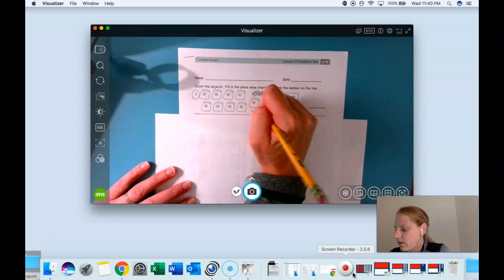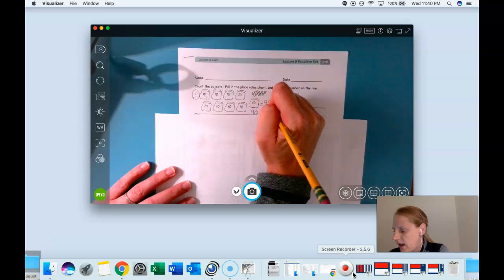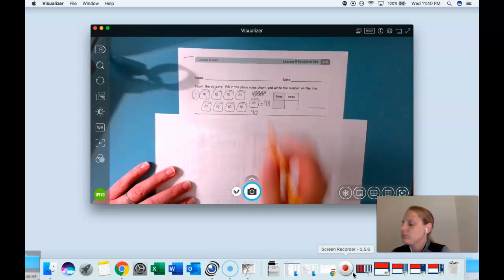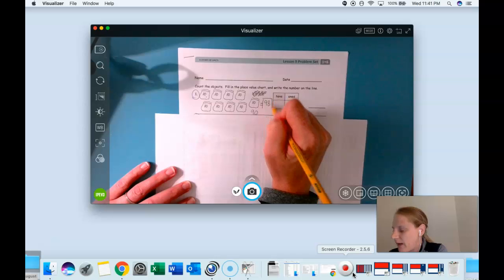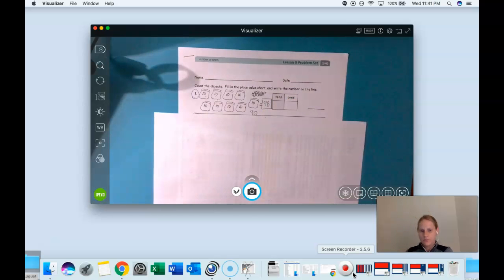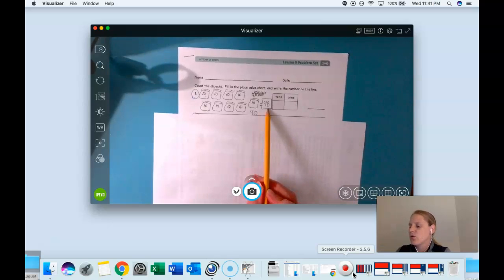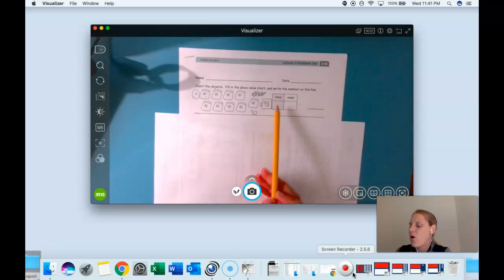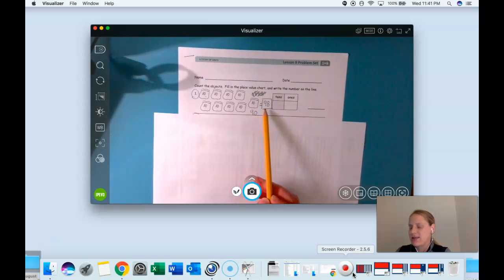So all together, I have 98 objects. Okay, I'm going to put that in a box so I know that's my total. Now, let's think carefully and use our picture to help us. If there are 98 total objects, how many tens are there in 98? Think, think, think.